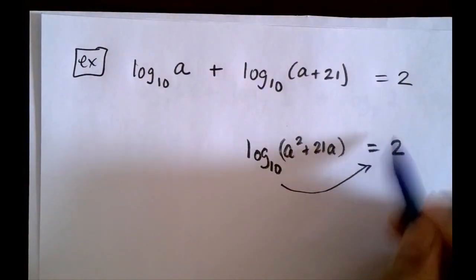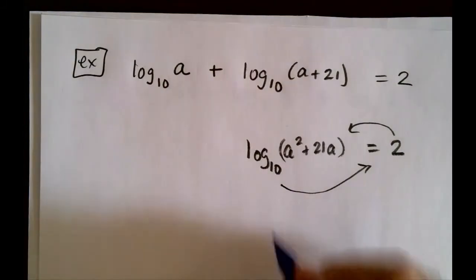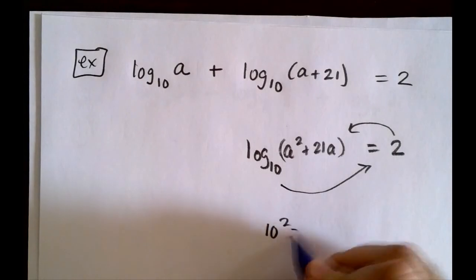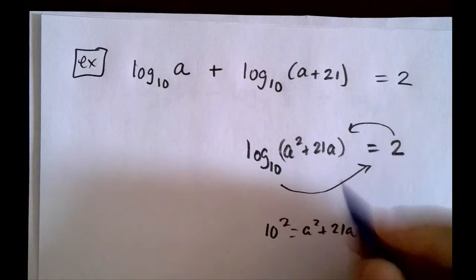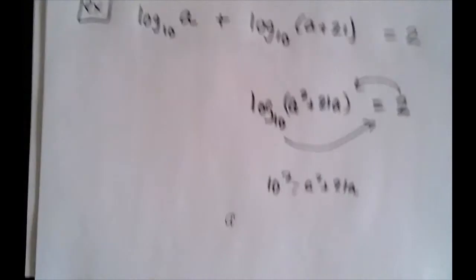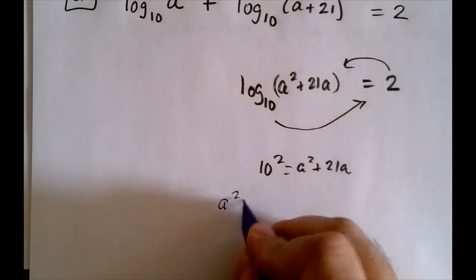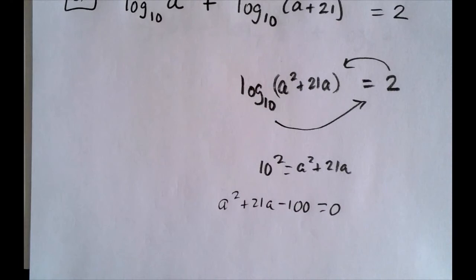We use the counterclockwise rotation, so we have 10 squared equal to a squared plus 21a. To simplify that better, it would be a squared plus 21a minus 100 equals 0. We set it equal to 0, making it a quadratic.